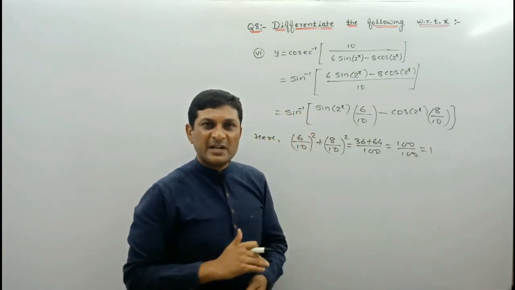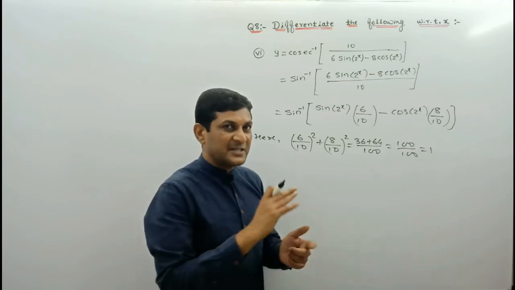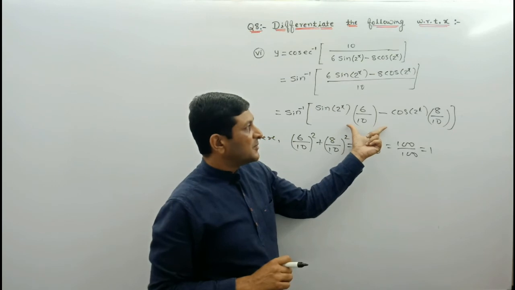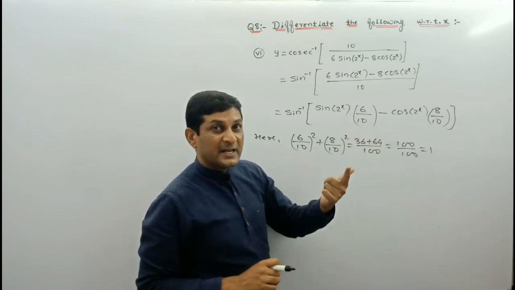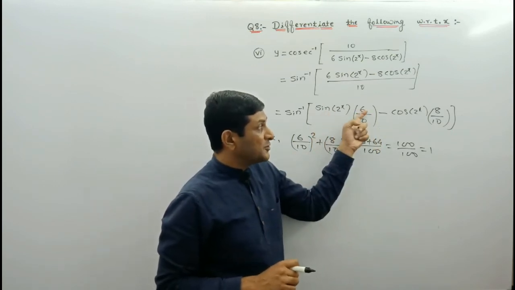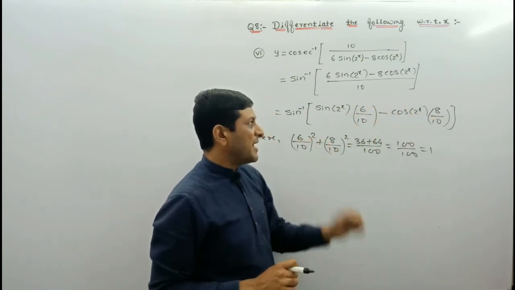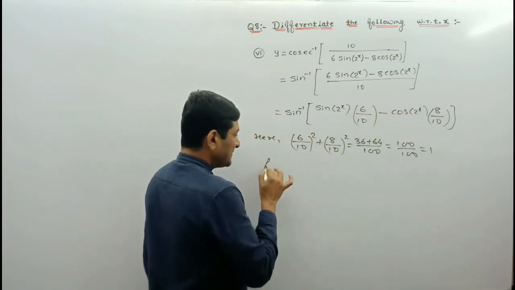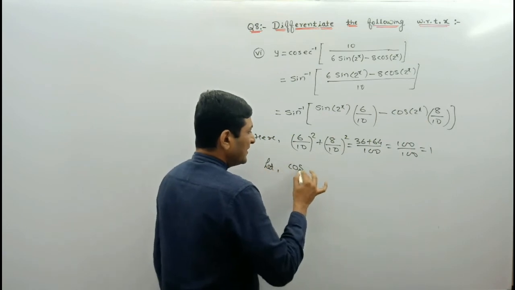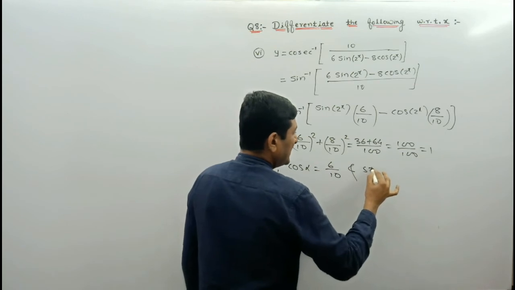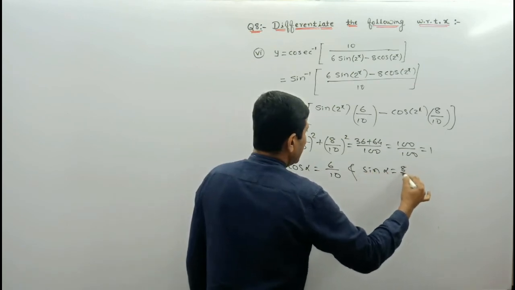Once we have shown that the sum of squares of these two numbers is equal to 1, one number we are able to denote by sin and another number by what? Cos. So we have to convert this expression in terms of sin. And what is the formula related with sin? sin A cos B minus cos A sin B. This number we have to denote by cos. So let cos alpha be equal to 6 upon 10 and sin alpha be equal to 8 upon 10.